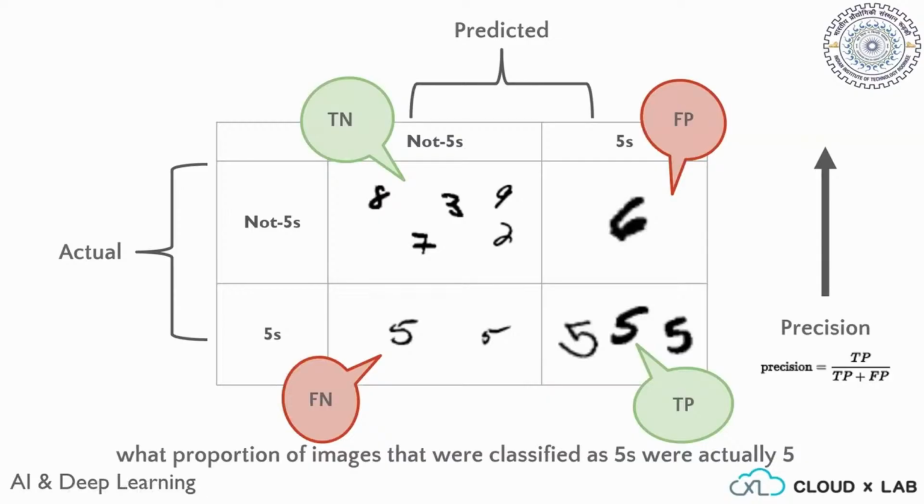So can you imagine the case where this precision is more important? Say for cancer detection, if the model says yes, that is correct. Yes, yes.